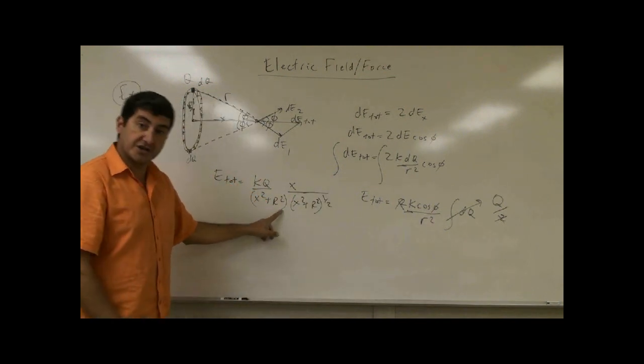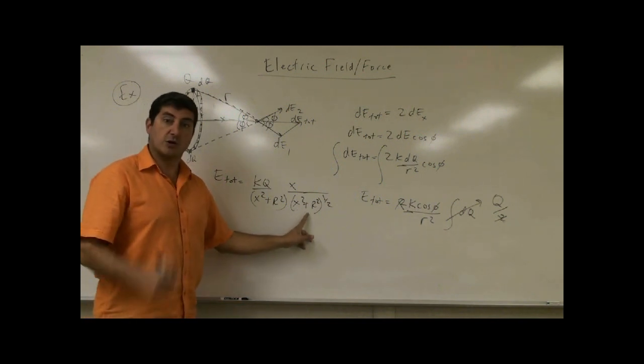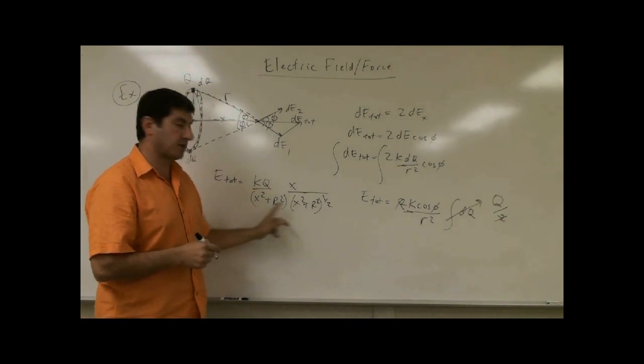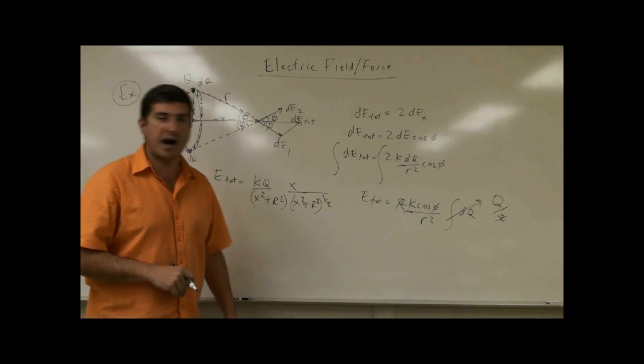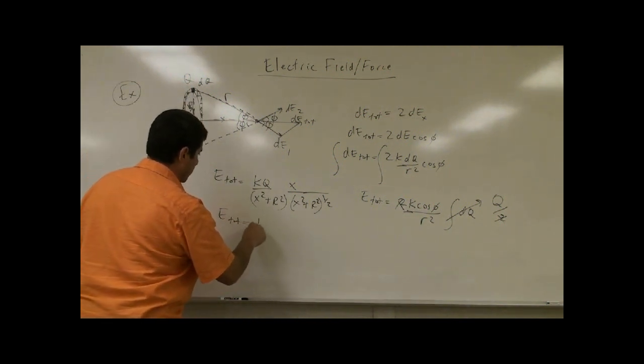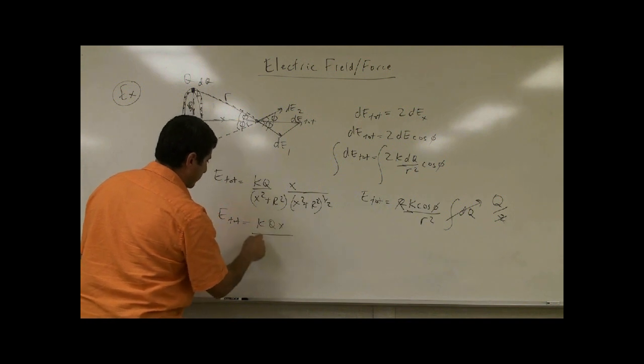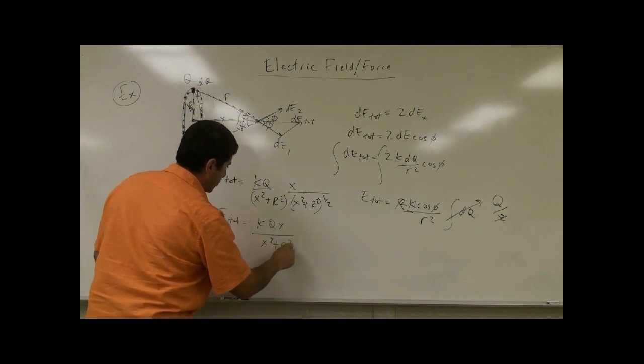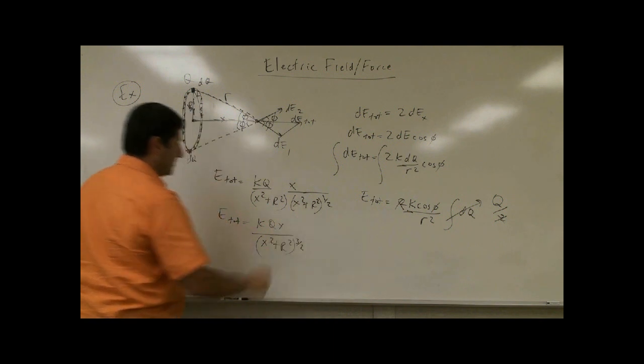So this one was r squared, and this one was a single r. When you multiply them, you get the 3/2 power. So my final answer is E total equals kQx over (x squared plus R squared) to the 3/2.